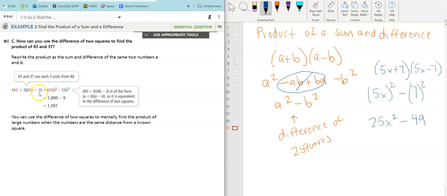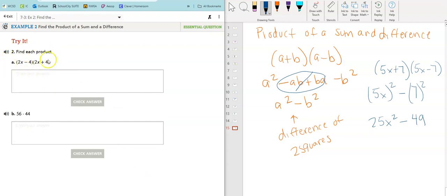So if we rewrite them as such, then all I have to do is square the first term and square the second term and set them as differences, and I can find the answer really quickly instead of actually multiplying them out. It's kind of a way to mentally find the answers to large numbers. You can do this one in your head instead of having to do the traditional way.